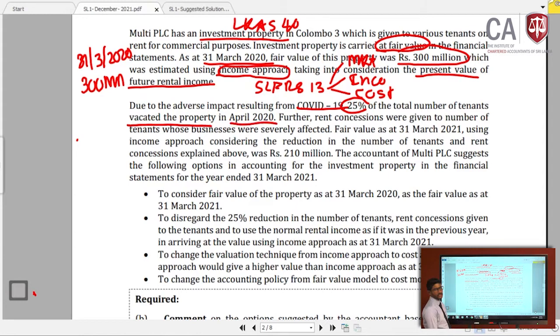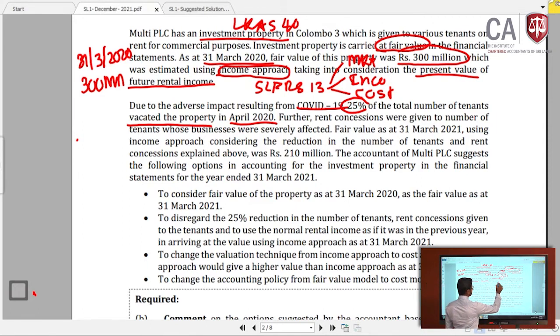Whatever income we had received, let's say 100, now 25 move out, so we are getting 75 only.